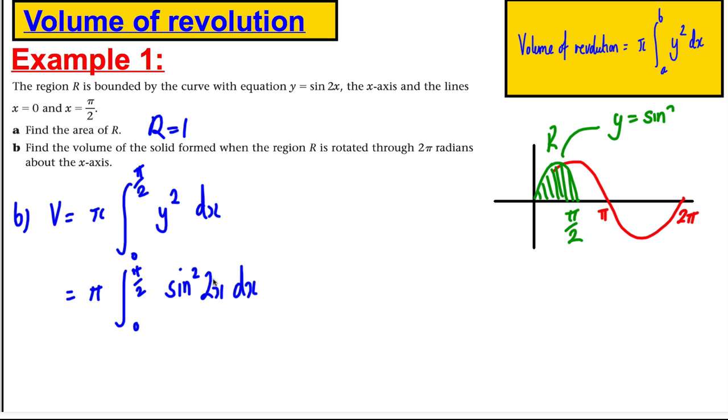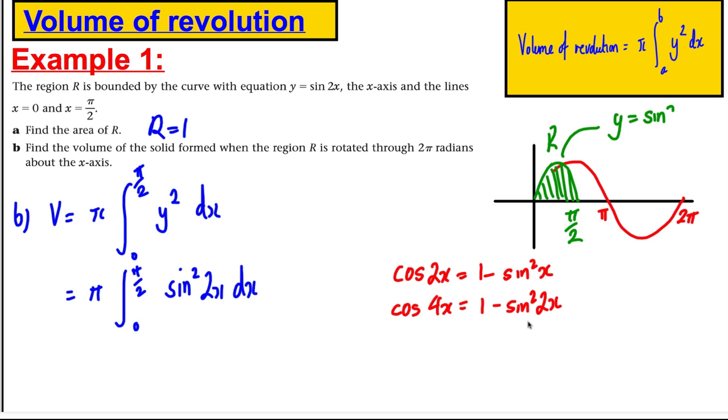Now we don't know the integral of sine squared 2x, but we can remember our double angle formulas. Remember the double angle formulas that tell us the following. It tells us that cos of 2x is 1 minus 2 sine squared of single x. So therefore cos of 4x is equal to 1 minus 2 sine squared 2x.